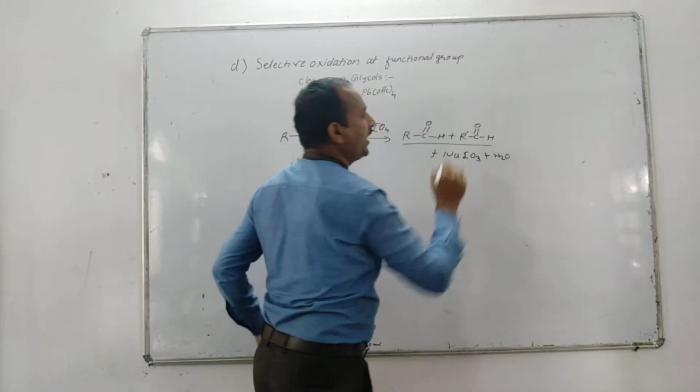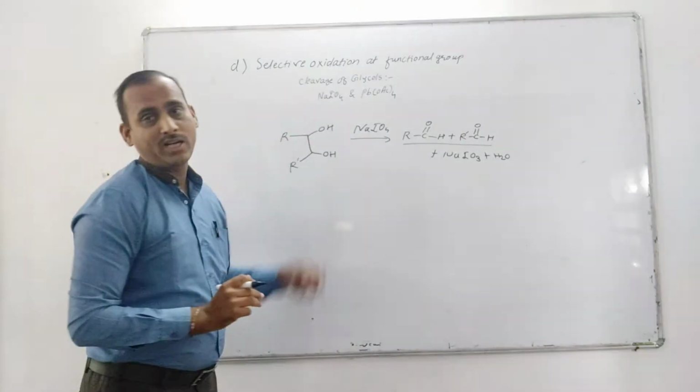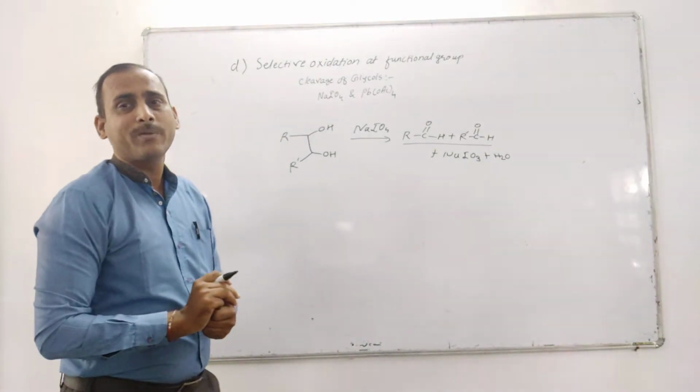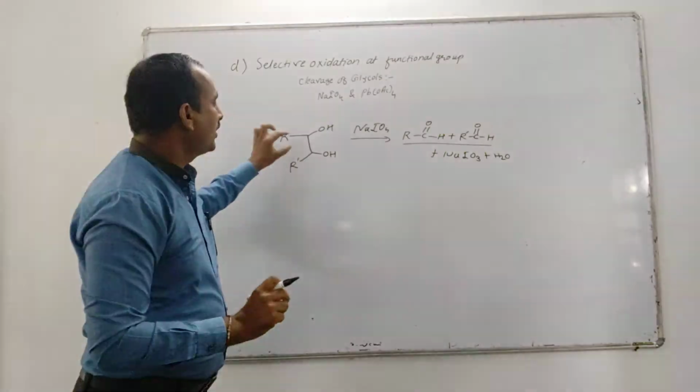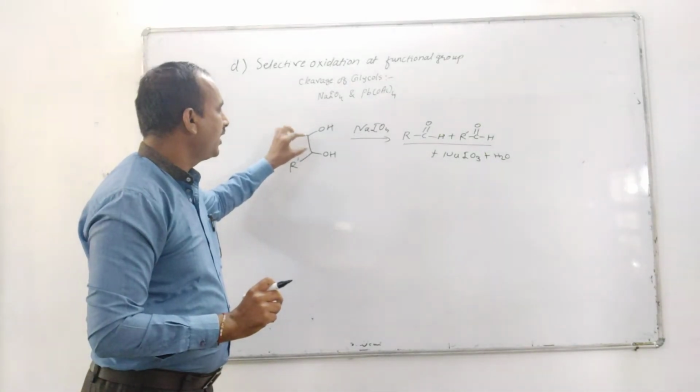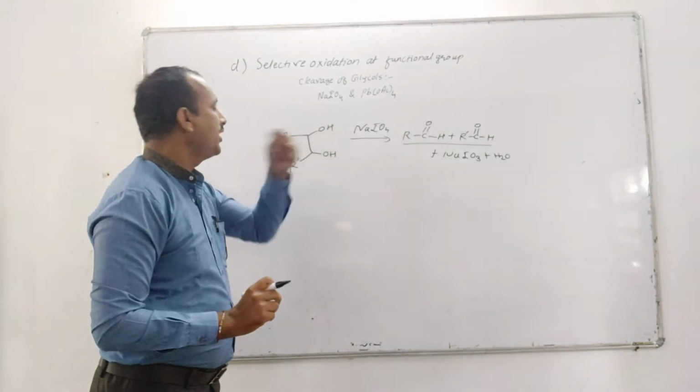So these two aldehydes mean the cleavage of the carbon-carbon bond takes place at the diol, means the carbon-carbon bond present here breaks down by using the sodium periodate.